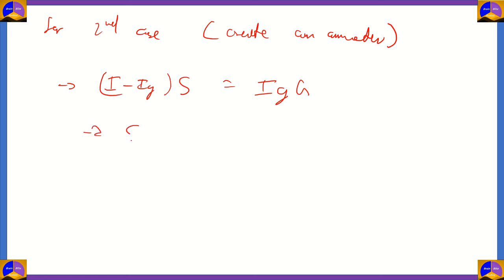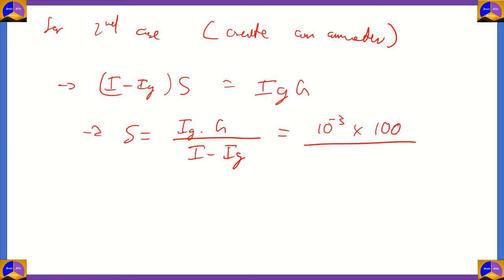So from here you get S, that is the shunt resistance, as equal to Ig times the resistance of the galvanometer divided by I minus Ig. So here in this case you can write Ig as 1 milliampere, that is 10 raised to minus 3 amperes, and the resistance of the galvanometer is 100 ohms, divided by I minus Ig.